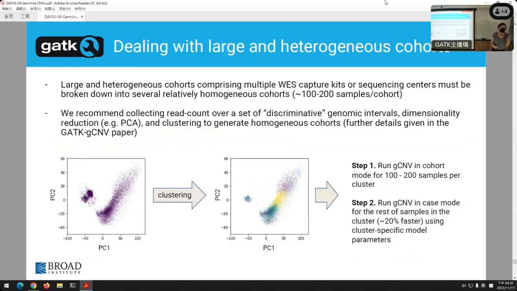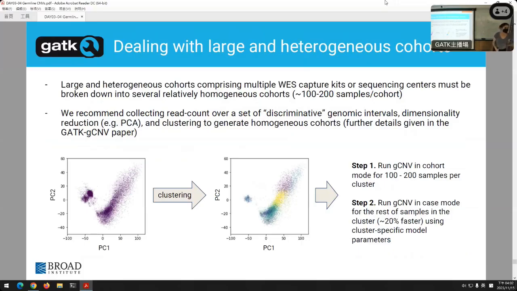And also, you will get better CNV calls if you're training and applying your model on samples that have very similar characteristics, so that you don't end up with those outlier samples that have more than 200 CNV calls.